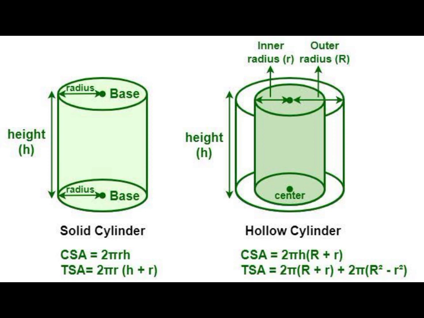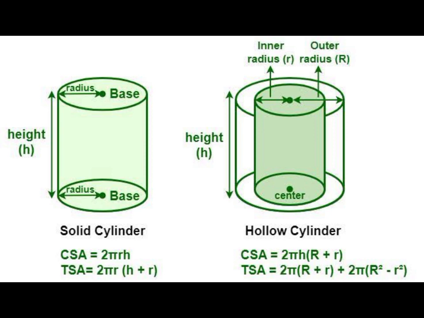So once you want to convert that total surface area to the total surface area of a hollow cylinder, since it's 2 pi r then into bracket h plus r, ignore the bracket, then we are dealing with 2 pi r. In the sense that the initial things that we will cancel out that r and represent it in bracket as big R plus small r, then we'll do it again plus another one for the second time, but in this case we are going to represent them as the difference of two squares, big R square minus small r square. So that is just it.